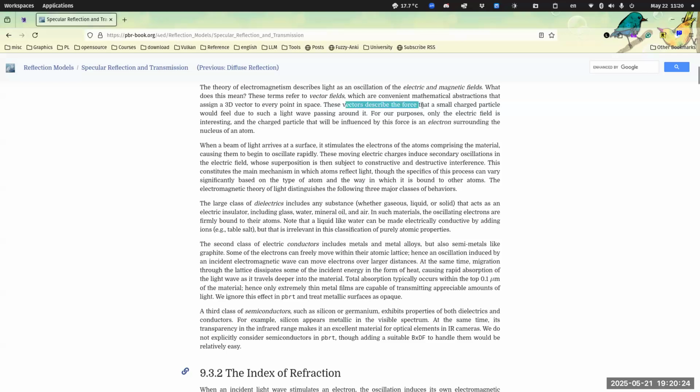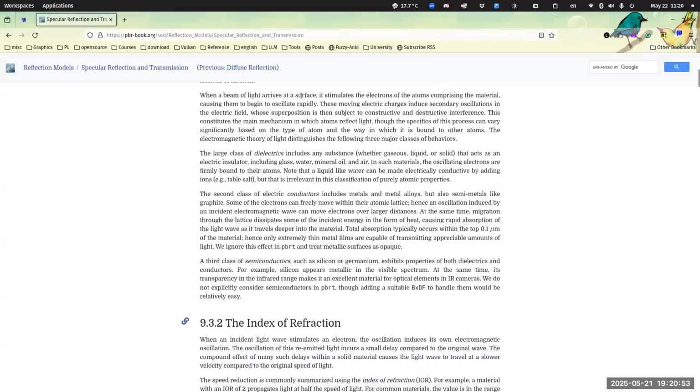These vectors describe the force that a small charged particle would feel due to such a light wave passing through it. For our purposes, only the electric field is interesting. And the charged particles influenced by this force are the electrons surrounding the nucleus.